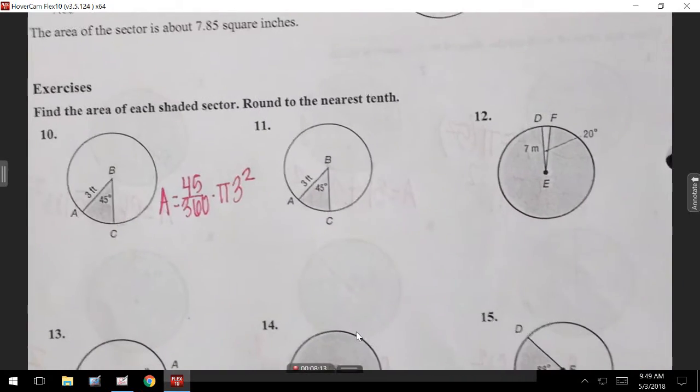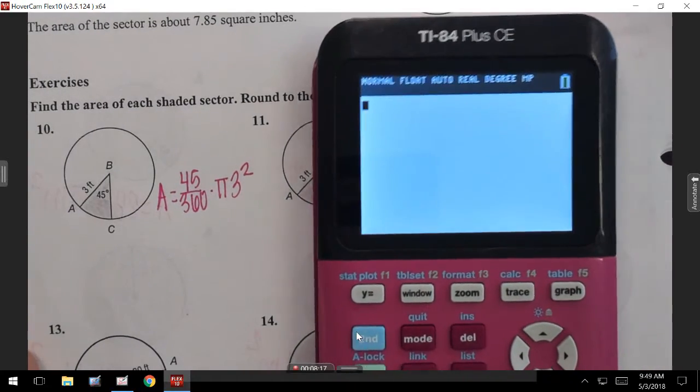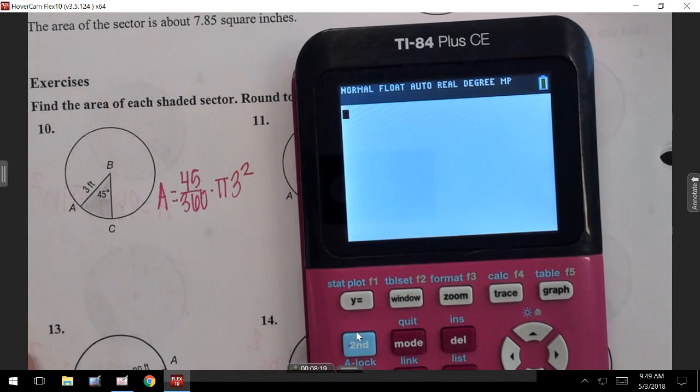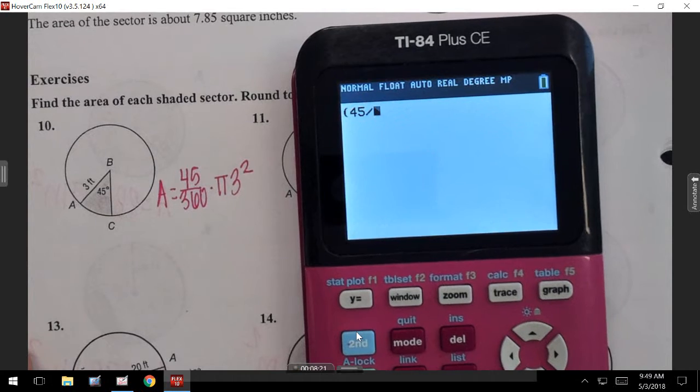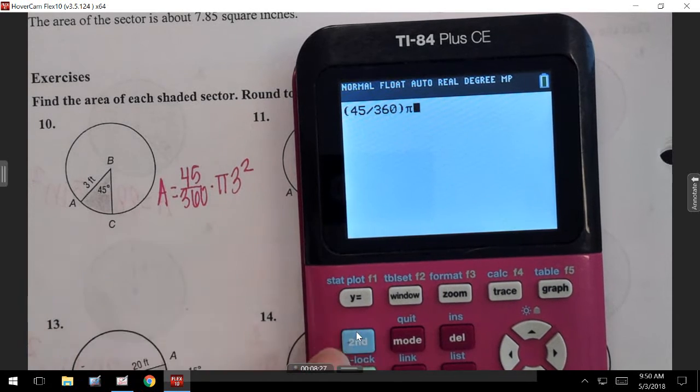Last period, we had some problems putting this in our calculator. You can do it in a couple of different sections, but if you're going to do it all at one time, at least put your parentheses around it. 45 divided by 360, and then I'm going to plug in pi times 3 squared. And you should get 3.53.